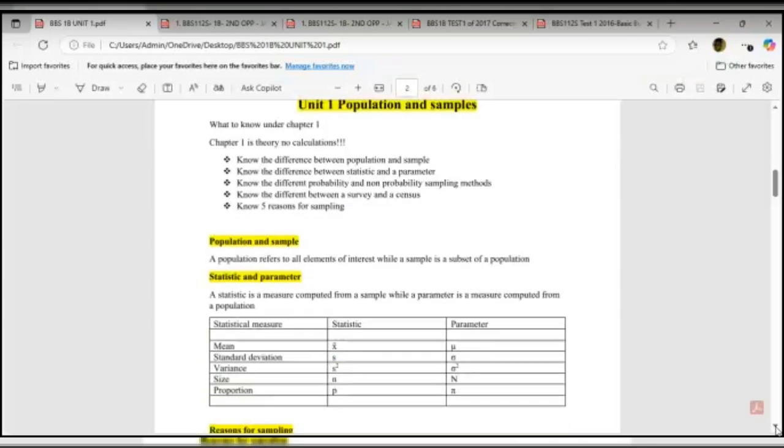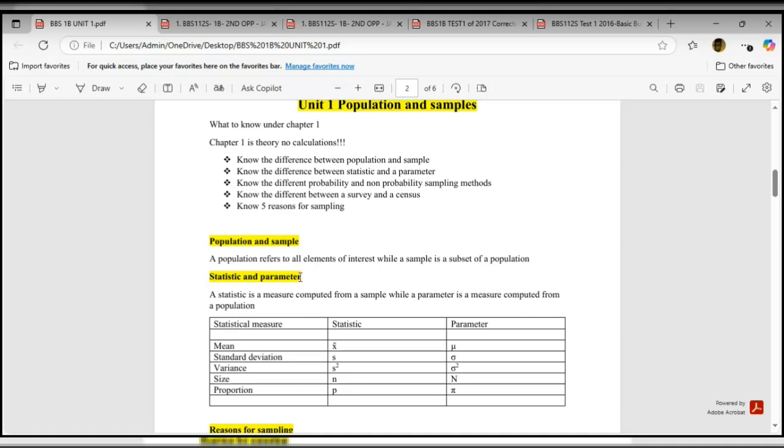Now let's say I decide to collect data from NAST, and I do some measures on that. Let's say I collect data about the favorite subject of students, and then I find the average, in other words, the mean. The value that I've calculated is called a parameter if I calculated it from a population.